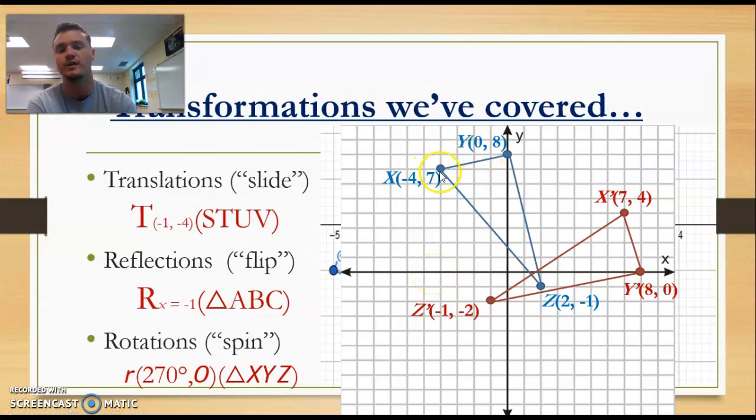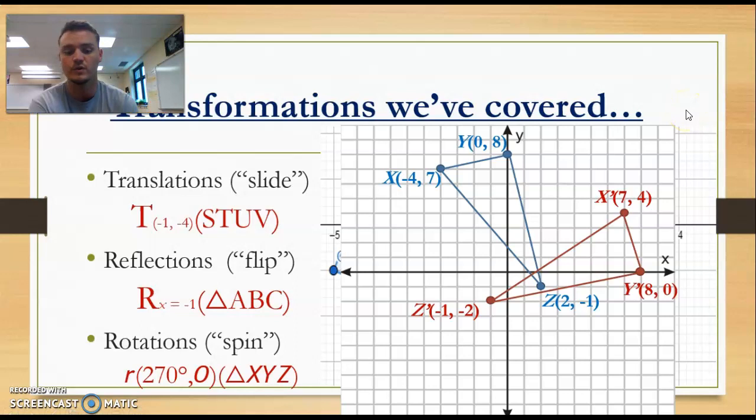So we take each point and we'd go 1, 2, 3. So X has to end up in this upper right. And then we talked about if it's a 90 or 270 degree rotation, you have to flip the numbers around. So you should be able to notice again how the 4 and the 7 switch places, and so now it's 7, 4. And then because we're in the upper right-hand quadrant where we're ending, both are positive.